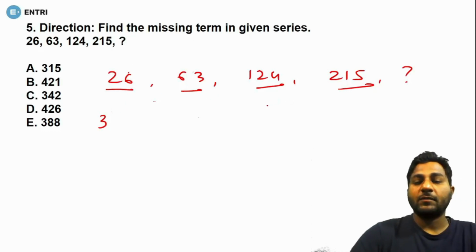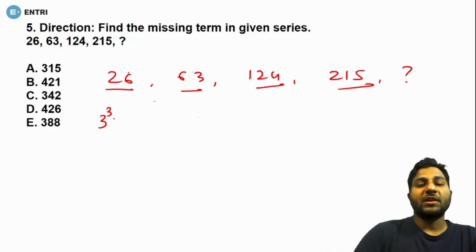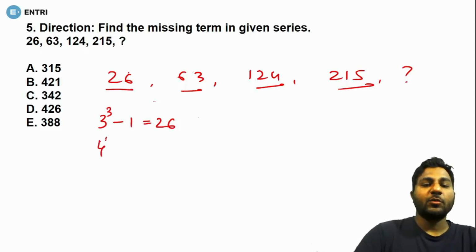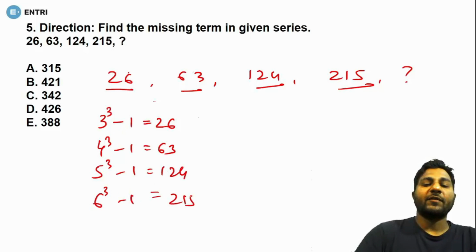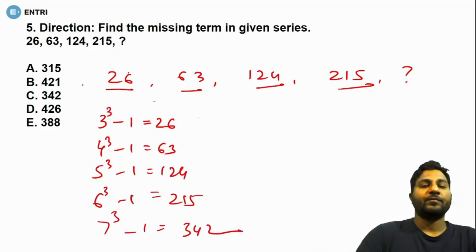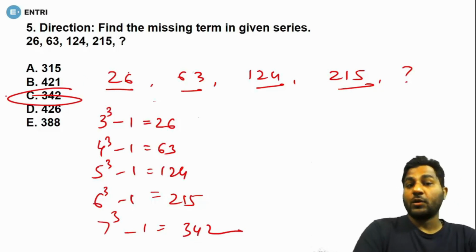So that means it is the cube of 3 minus 1. That makes 26. The next one, cube of 4 minus 1, 63. The next, cube of 5 minus 1, 124. The next, cube of 6 minus 1, 215. That means the next is the cube of 7 minus 1, 342. It was a really good question, guys.